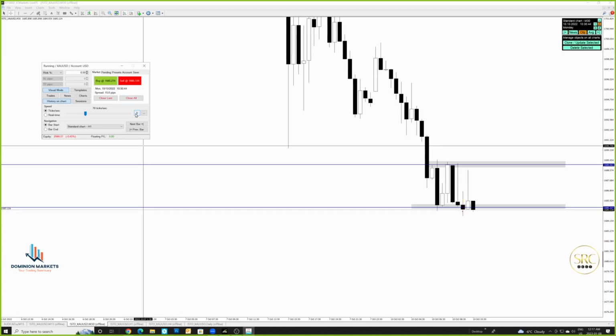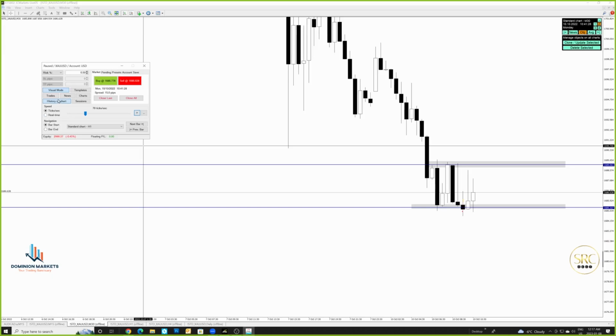I don't know about this. In the first few seconds, I would like it if it makes a wick and breaks its own low. I think that's going to be much better confirmation. Yeah, wow, look at that. That's crazy, the way we're moving at this point.